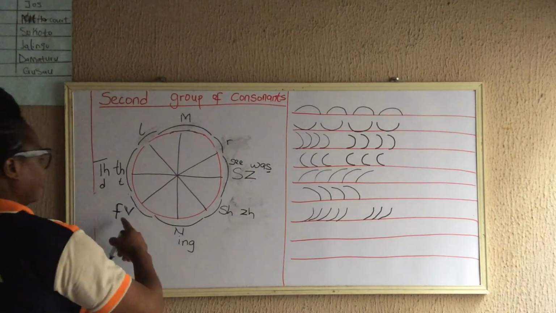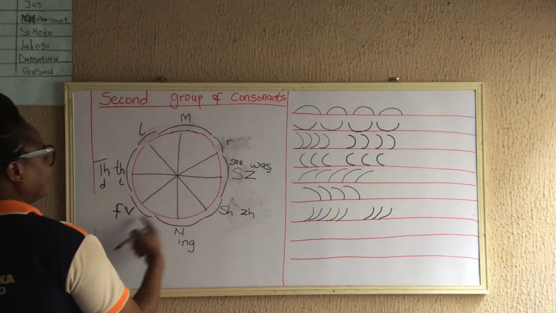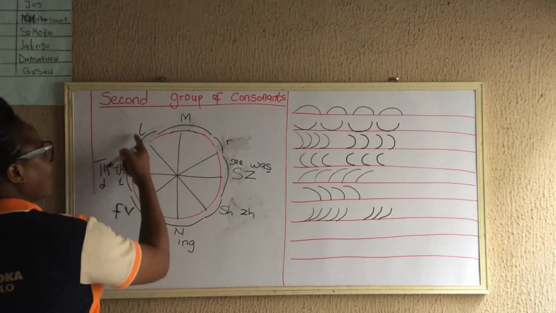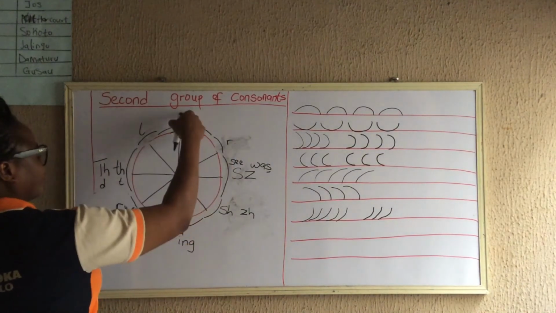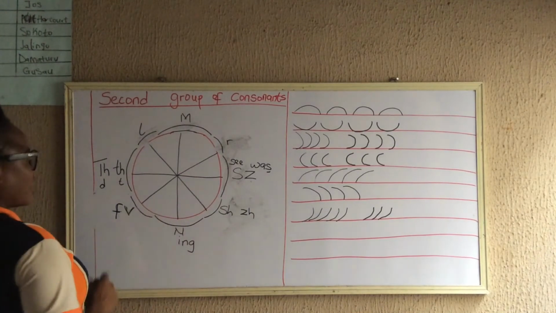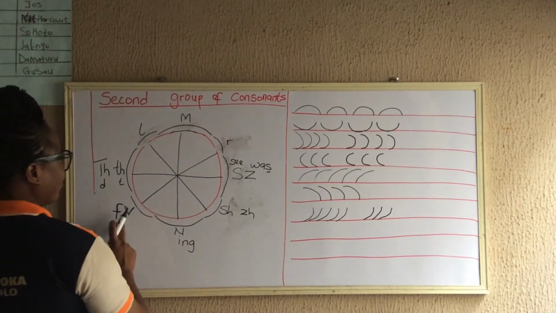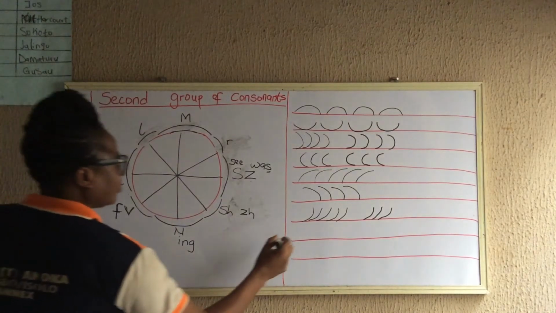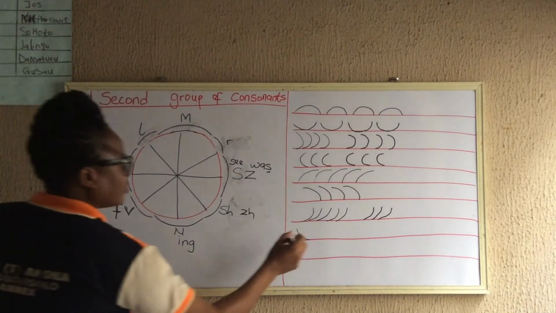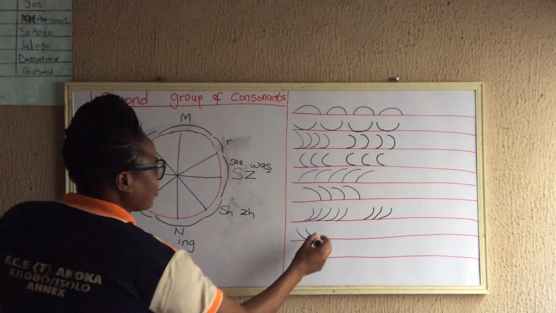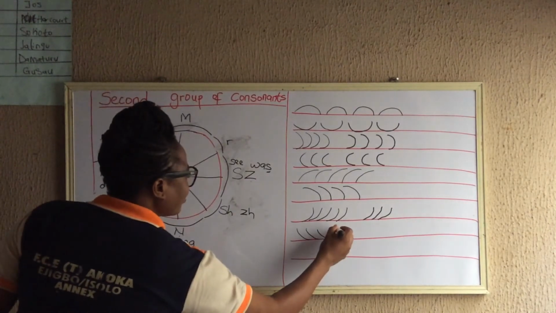My F goes the opposite side of this, and the L and R. Okay, now let's go F and V. My F goes this way, while the V is heavy.